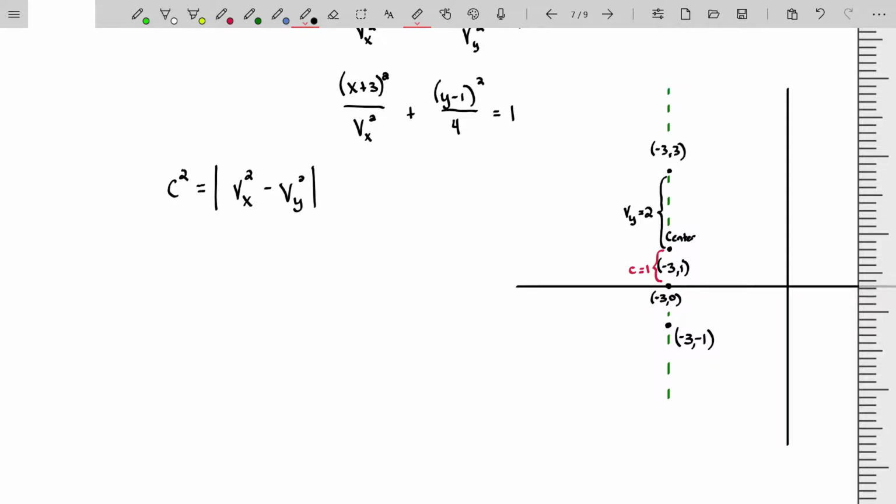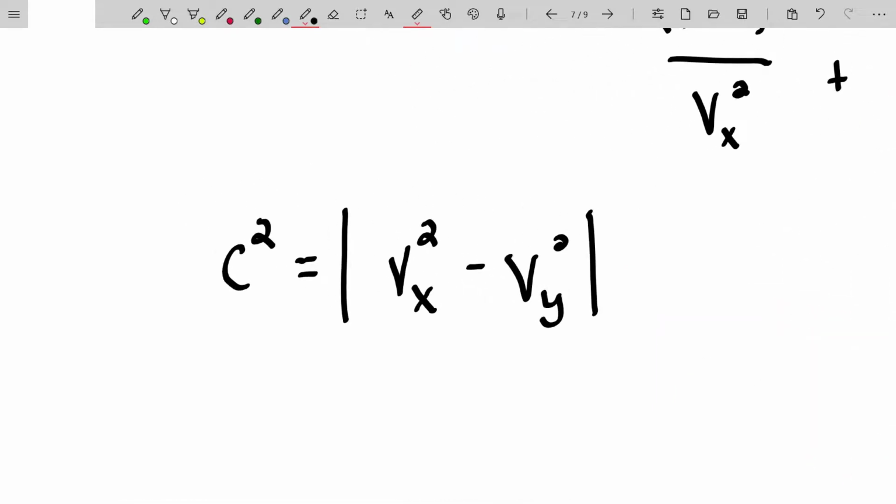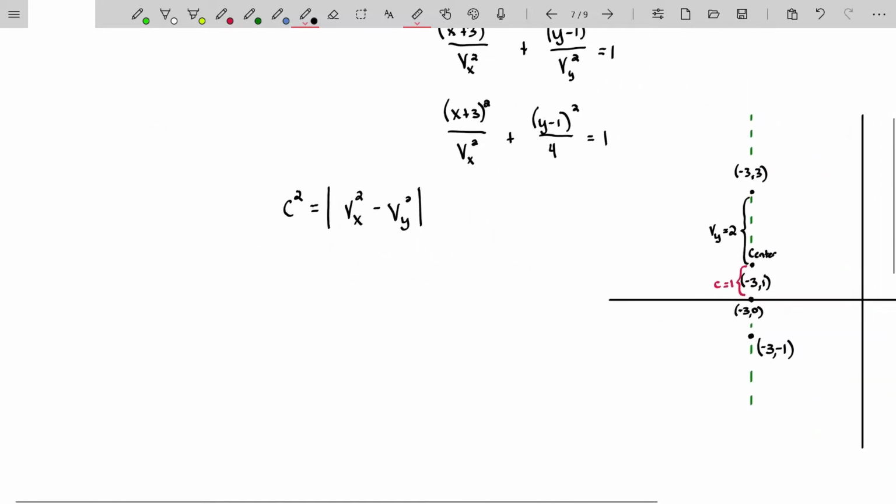Again, this is not how most textbooks would write it, but that's how I'm going to write it. c is 1, so c² is 1 as well, equal to the absolute value of vₓ² minus vᵧ².